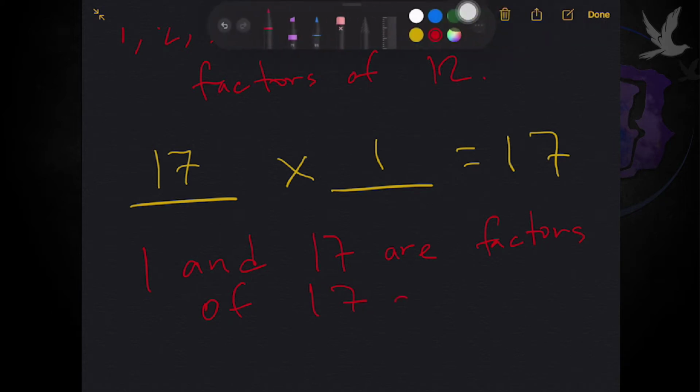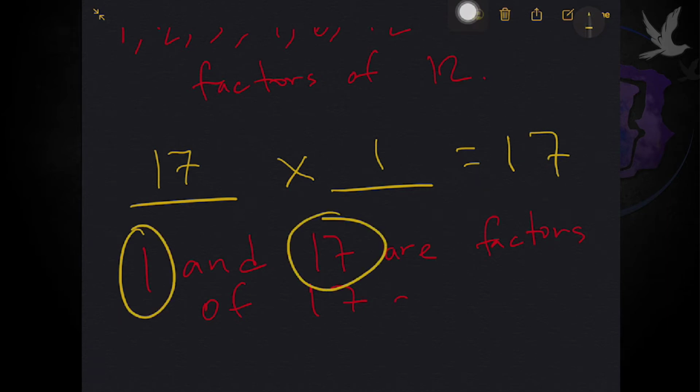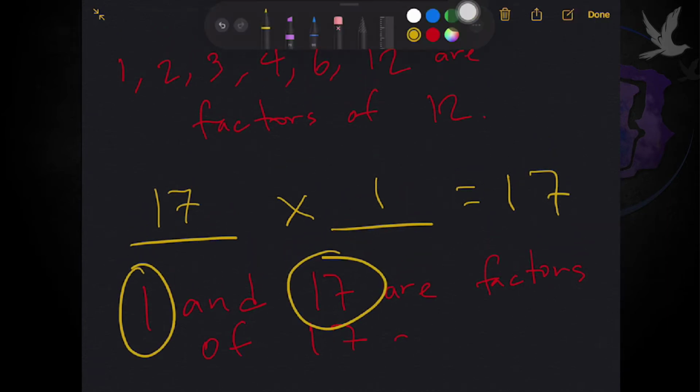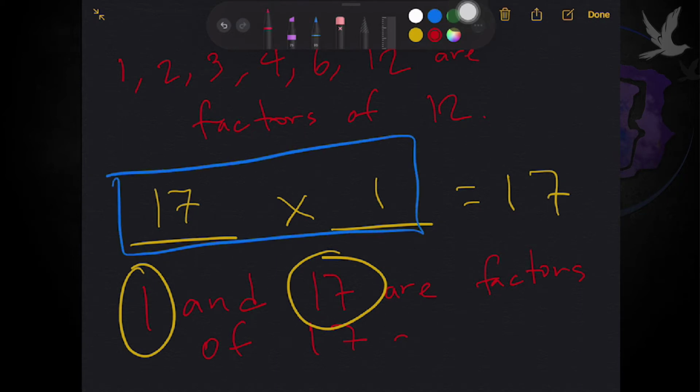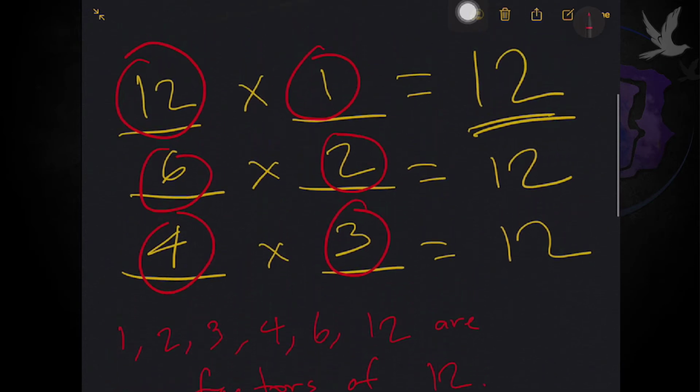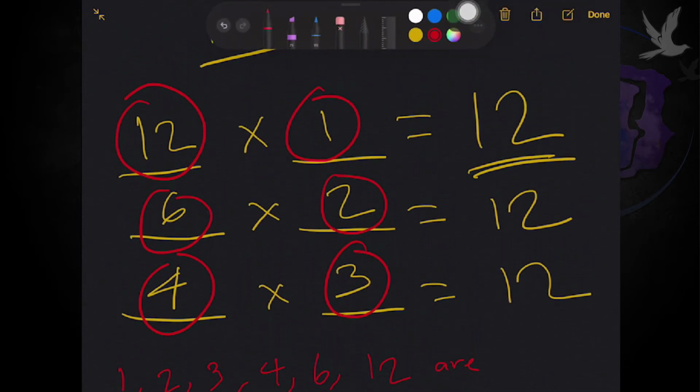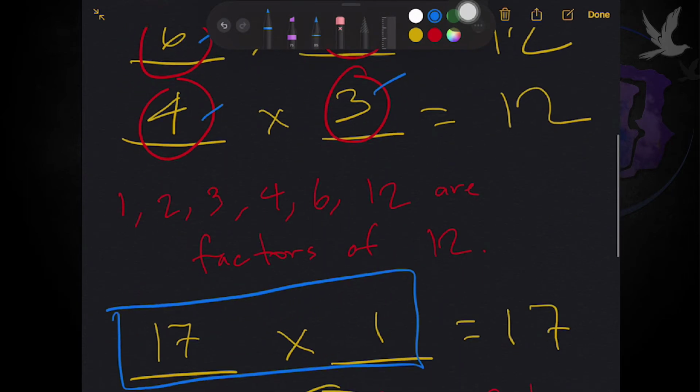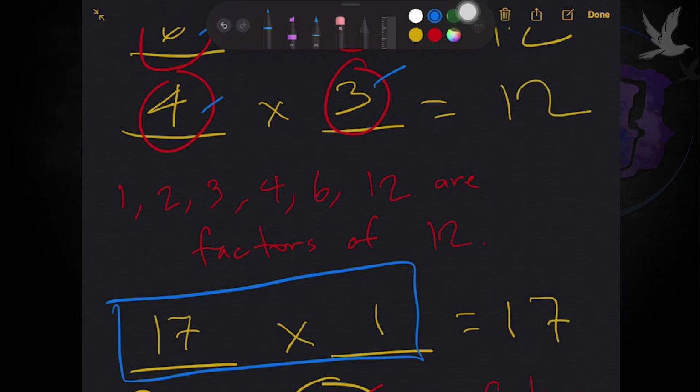And if you observe, we only have one set of factors, to a total of 2 factors. We have 2 factors for 17. While for 12, we have 1, 2, 3, 4, 5, 6 factors. Okay, we have 6 factors.